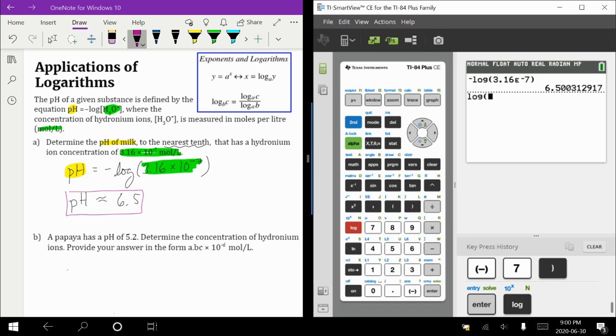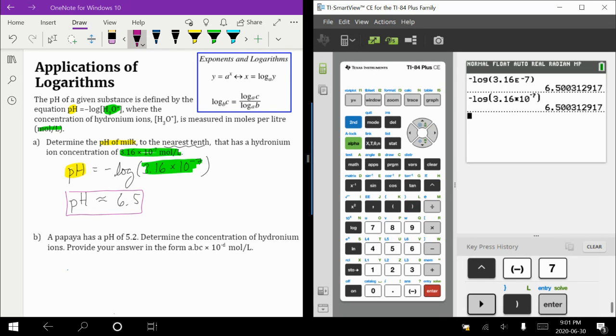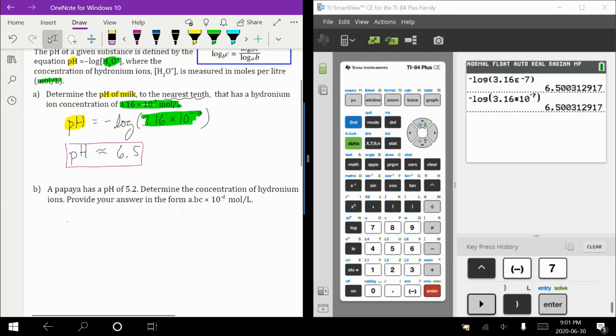Alternately, you could have just done negative log of 3.16 times 10 to the negative 7 as the argument. And that's equivalent.